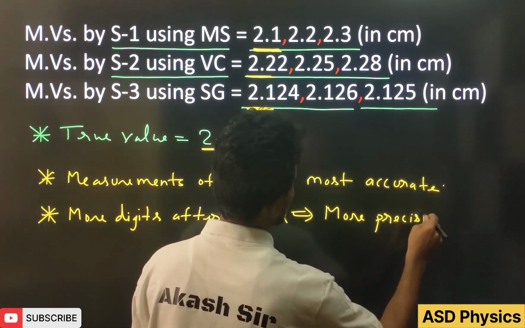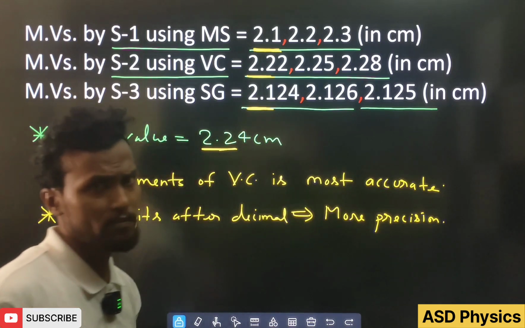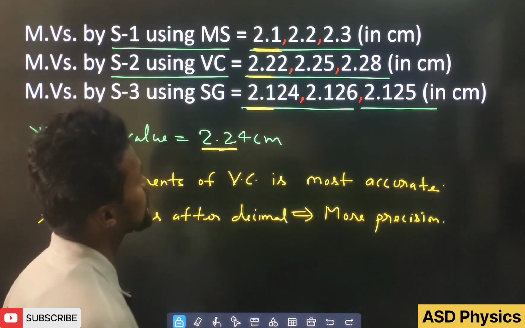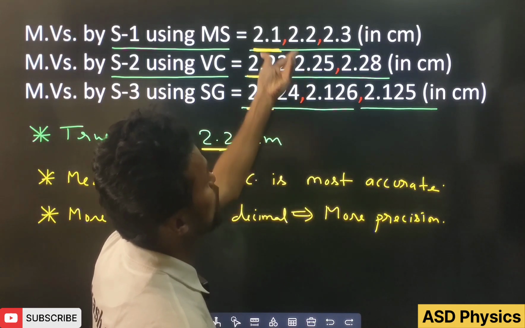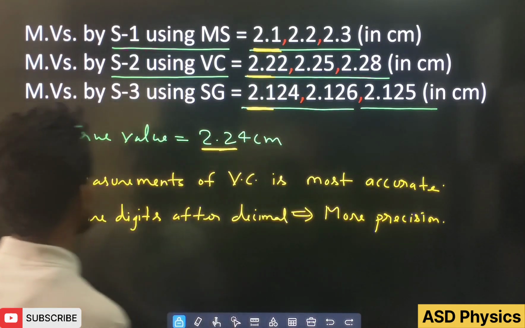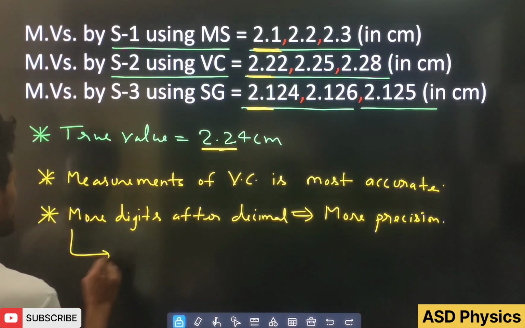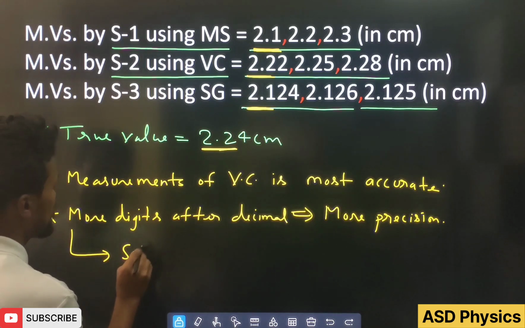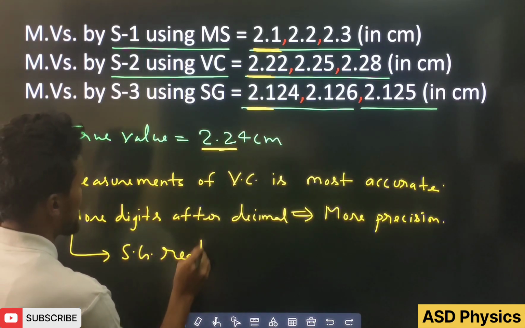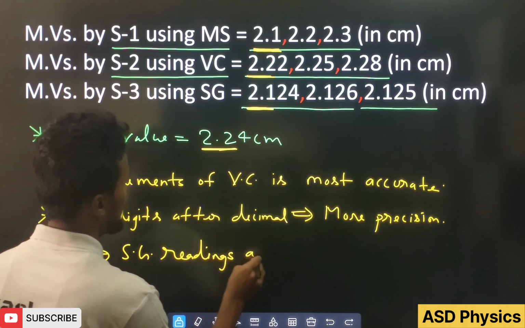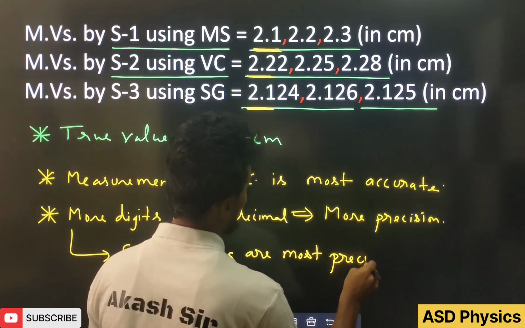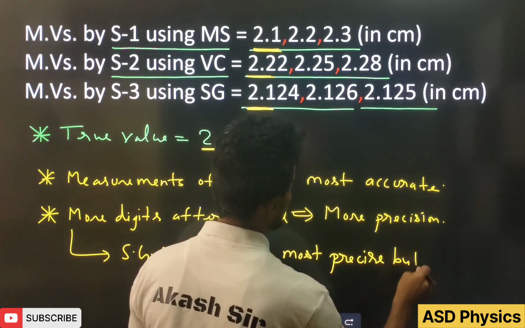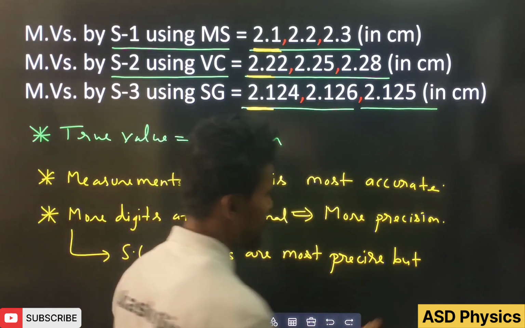By this only we can tell that here the measured values are close to each other. Here you can see how many digits after decimal? 3. Here after decimal 2, here after decimal 1. That means which one is the most precise? We can tell here screw gauge readings are most precise, but not most accurate.